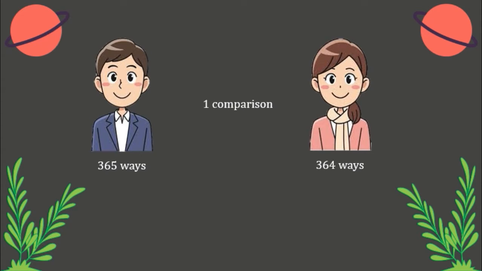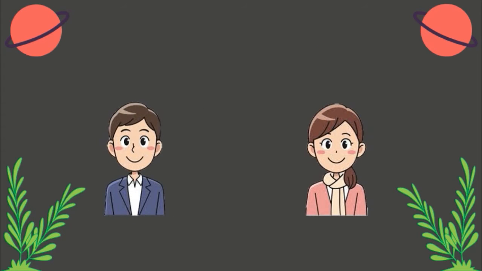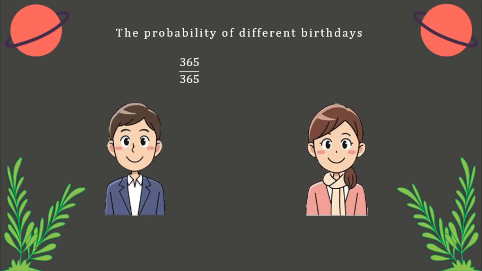So, the probability of the boy's birthday is 365 out of 365, and the probability of the girl's birthday is 364 out of 365. The probability of different birthdays for the boy and girl, or any pair of people, is 365 out of 365 multiplied by 364 out of 365, and the product is 364 out of 365.